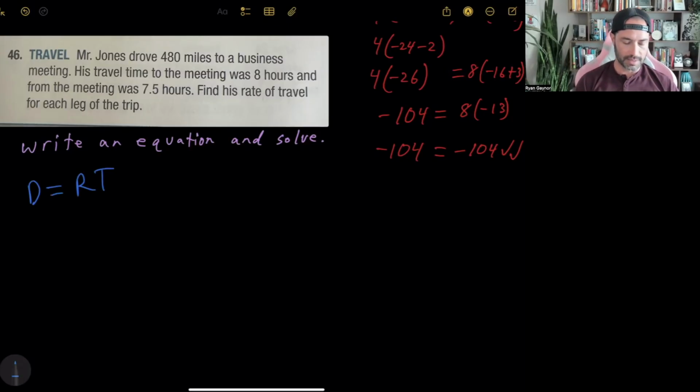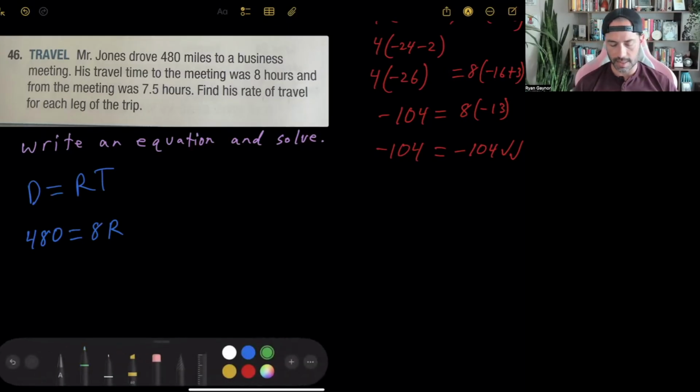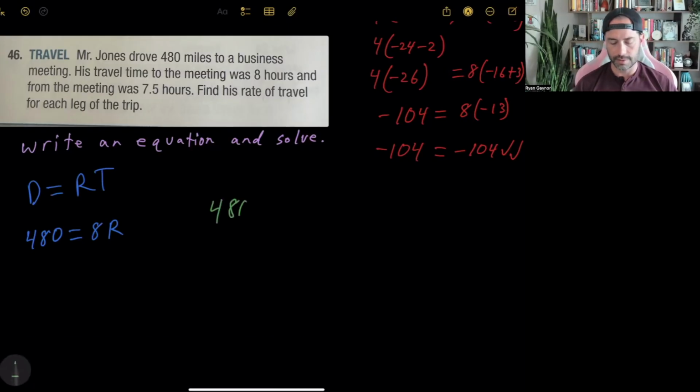So we have our distance, 480 miles. We don't know the rate, but we know the time was 8 hours. I'm just changing the order: 8R. All right, but then the other equation, again, is the same distance, 480, equals, but this time the time was 7.5, and the rate we don't know.